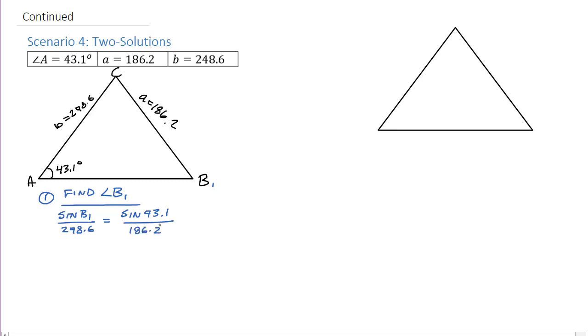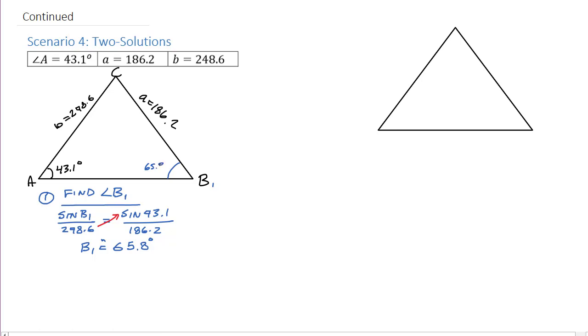Just because I don't have a lot of room here, you'd multiply both sides by 248.6, do the sine of 43.1 divided by 186.2, and then take the sine inverse. For room's sake, I'm not going to write all the steps down. You are going to get angle B1 is approximately 65.8. This angle right here is 65.8 degrees.